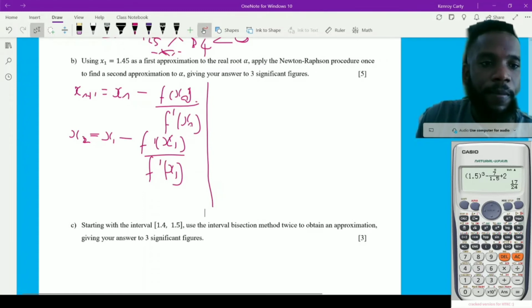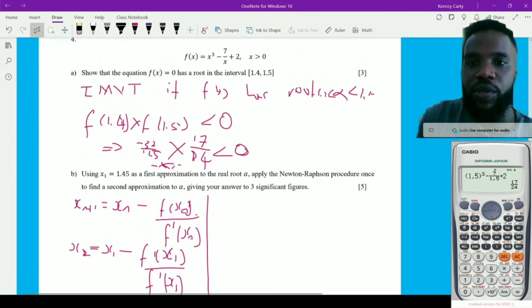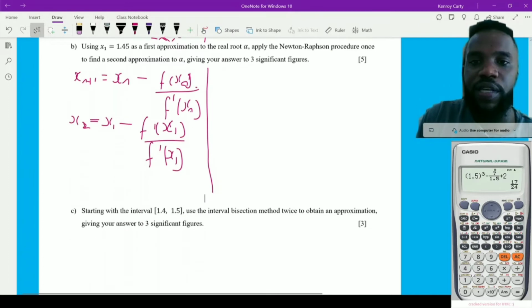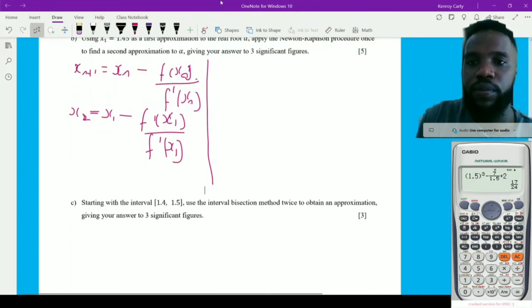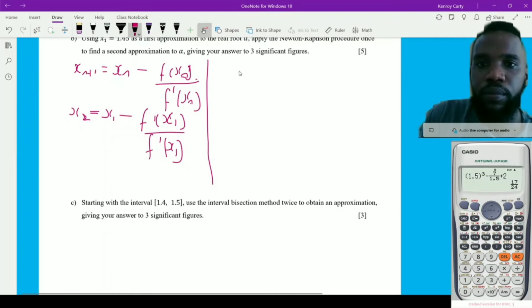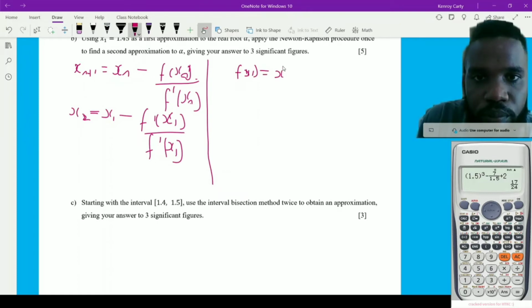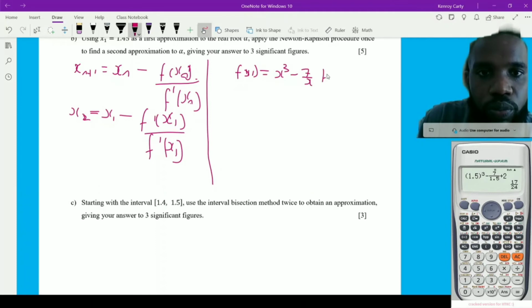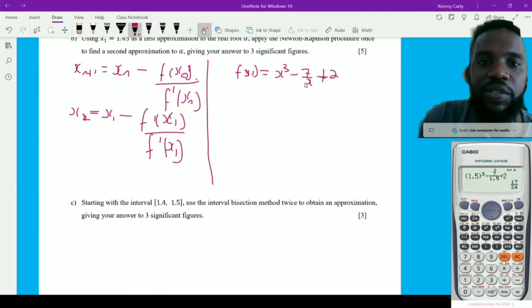So bear in mind, let me go back for f of x. So let me go up a little. F of x was x cubed minus 7 over x plus 2. Alright, so I'm going to have to differentiate this, which means all I need to do is bring up the x here.